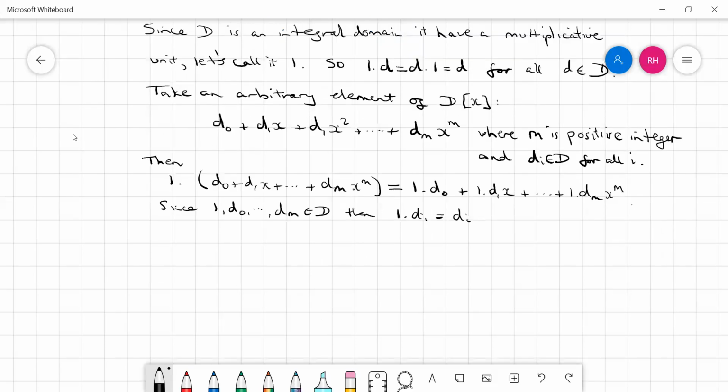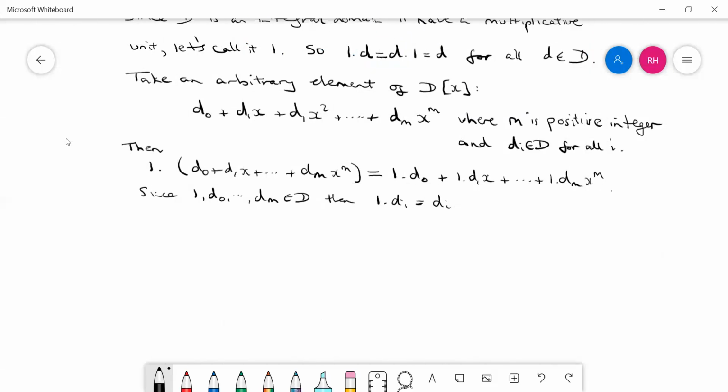Remember, at this point, this 1 and this d0 have got nothing to do with polynomials anymore. These are just two elements of the integral domain, say of the integers. 1 times any of them is just equal to the same thing for all i.